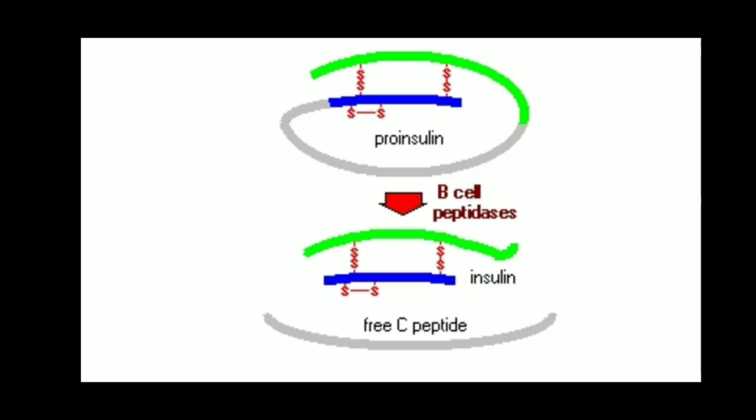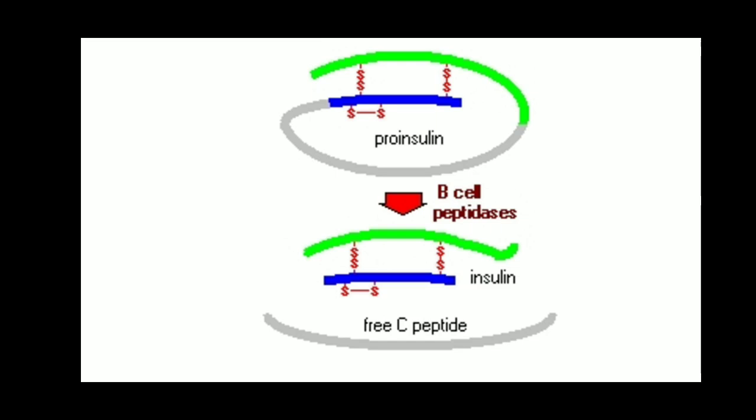Here chain C or C peptide is linking the chain A and chain B. Chain A is made up of 21 amino acids, chain B with 30 amino acids and chain C with 31 amino acids.